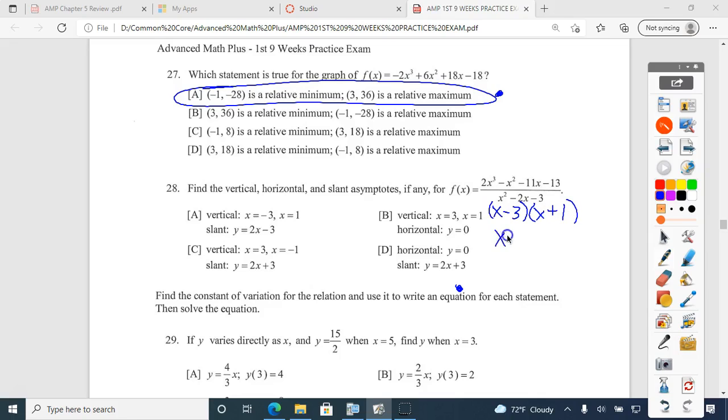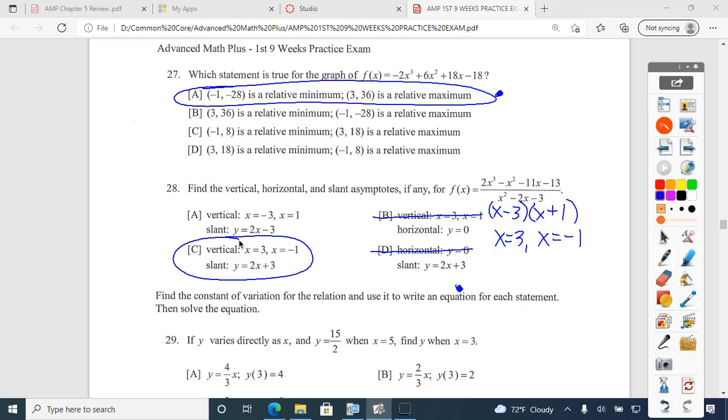So x equals 3 and x equals -1 are my vertical asymptotes. So B cannot be an answer. D cannot be an answer. C has to be my answer. And we didn't even have to do the slant asymptote.